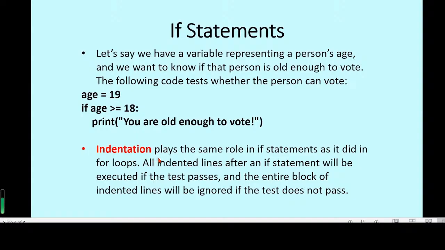Indentation plays the same role in an if statement as it did in a for loop. All indented lines after an if statement will be executed if the test passes, and the entire block of indented lines will be ignored if the test does not pass.